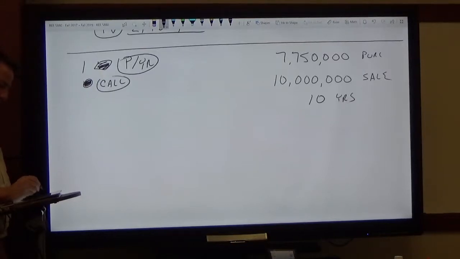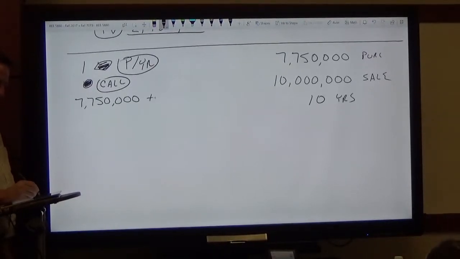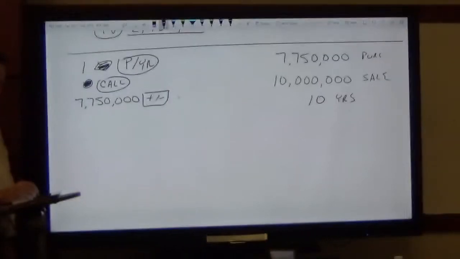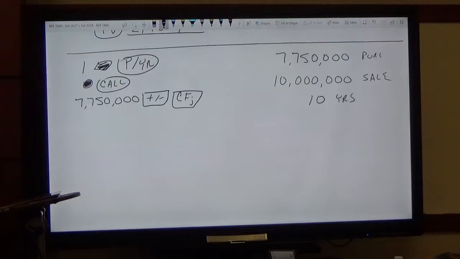All right, so here's what we're going to have. You're going to have 7,750,000. That is going to be a negative, and that's going to be your first cash flow. Once again, we used that key last week, the cash flow sub J key, which is on the calculator. It is third row, third column.